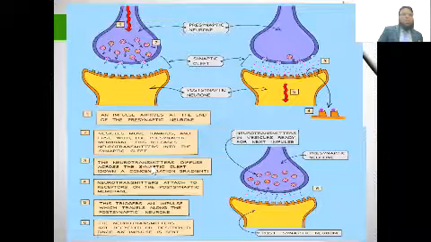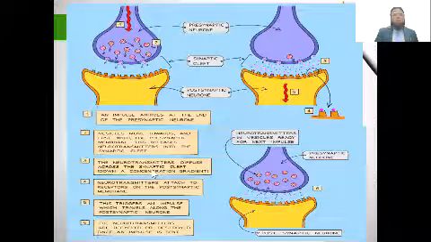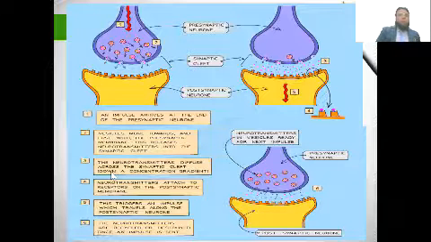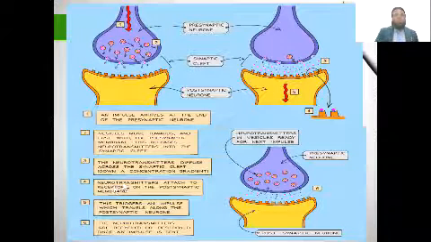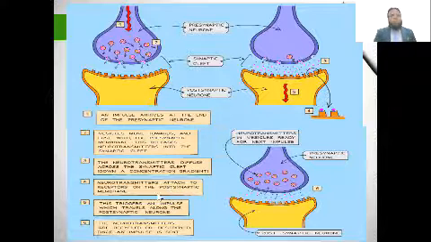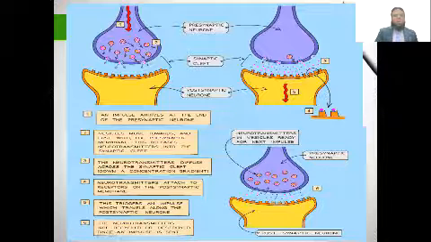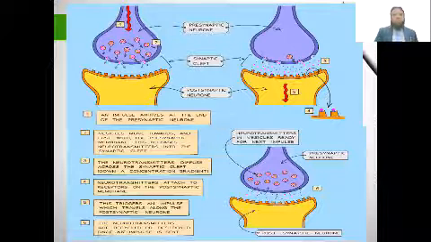Then the neurotransmitters diffuse across the synaptic cleft and bind to the receptors on the postsynaptic membrane. This triggers an impulse which travels along the postsynaptic neuron, and then the neurotransmitters are recycled or destroyed once the impulse is sent.